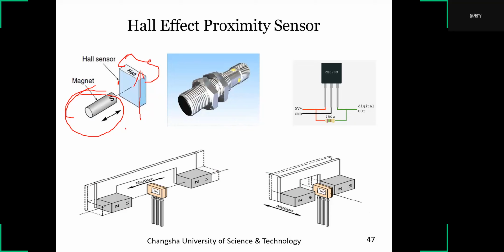When the magnet is moved along this direction, the magnetic field changes and the output is changed. When it moves along this direction, it also changes the magnetic field on the Hall element.